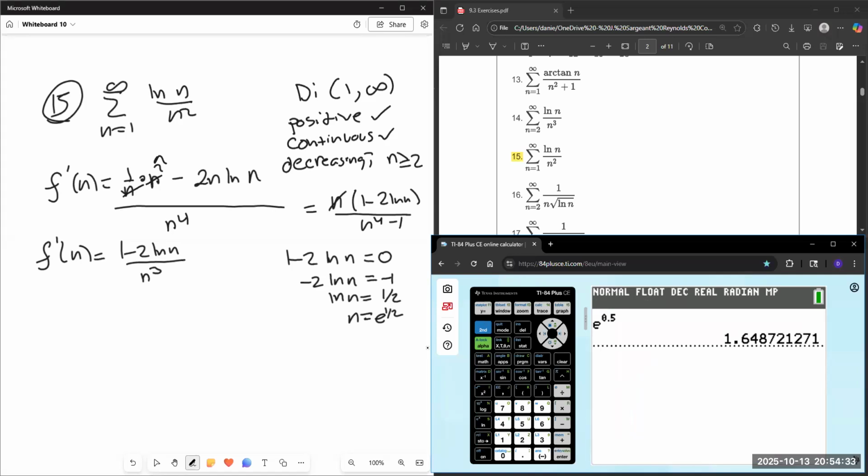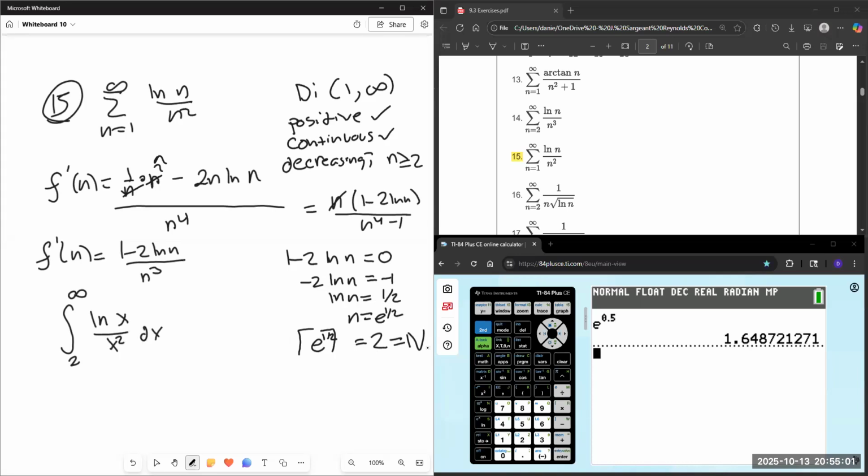So I need to go for the next integer value above e to the 1/2. That's called a ceiling. That's what this notation is going to be equal to 2, and that's going to be my capital N that I'm going to use for my lower boundary here of the integral of ln of x over x squared dx.